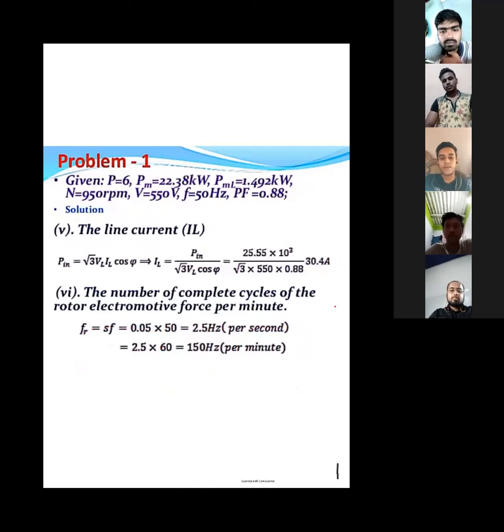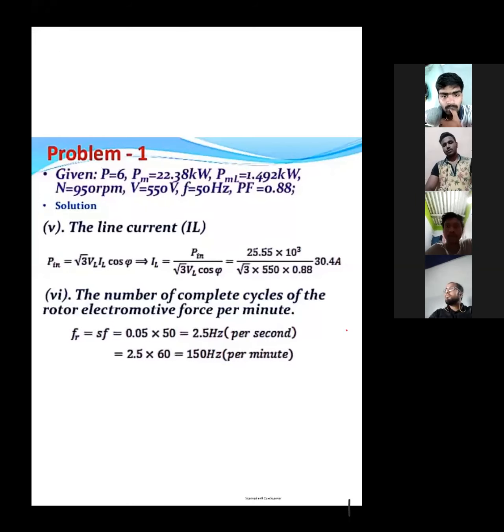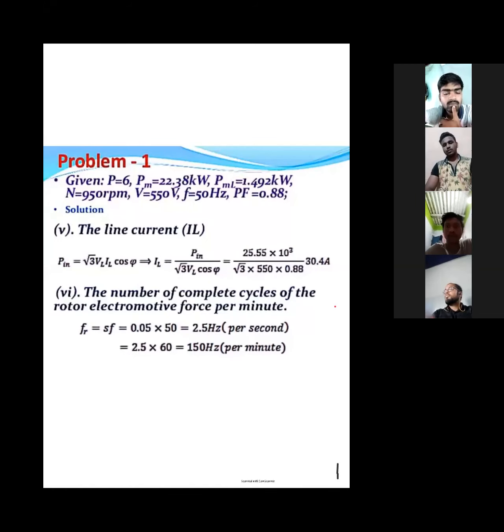Input power we have calculated was 25.55 into 10 to the power 3 watt, and supply voltage is also given, it is 550, and cos phi is also given, it is 0.88. So putting these values in your scientific calculator, you get the line current as 30.4 ampere.